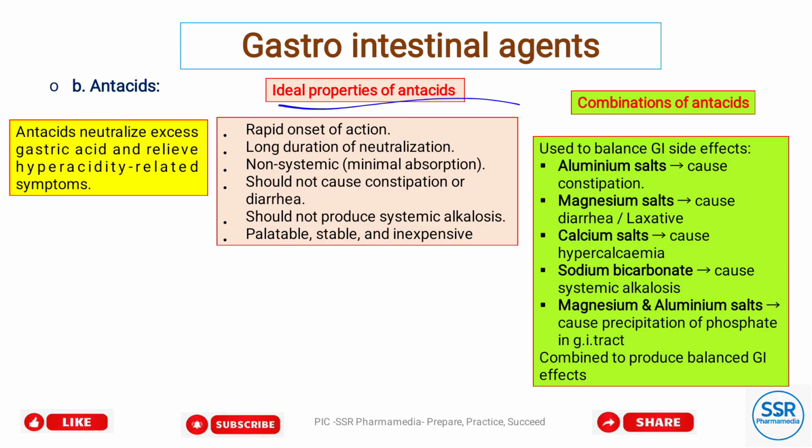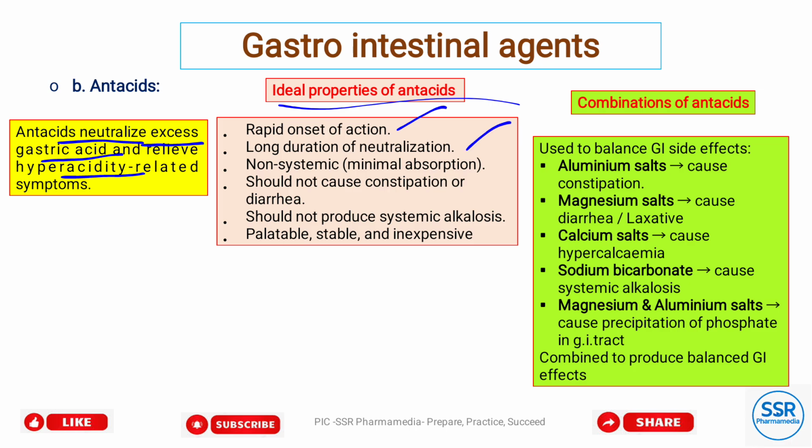Next is the ideal properties of antacids. Antacids neutralize excess gastric acid and relieve hyperacidity-related symptoms. The main ideal properties: rapid onset of action and a long duration of neutralization.